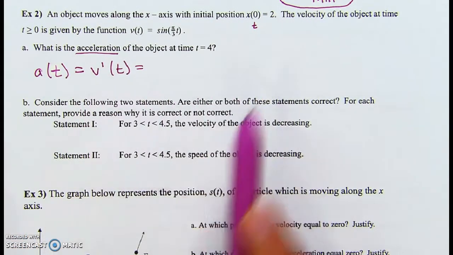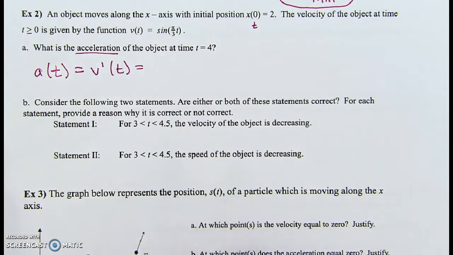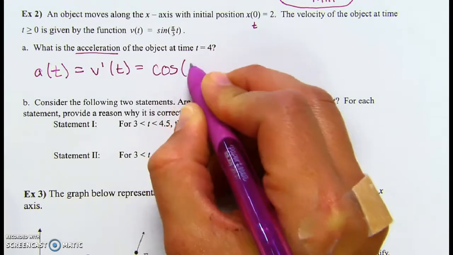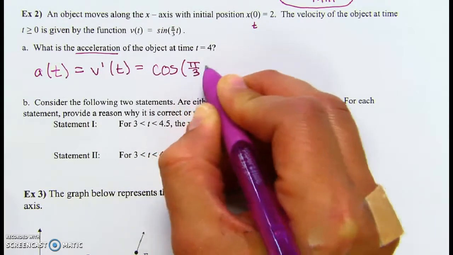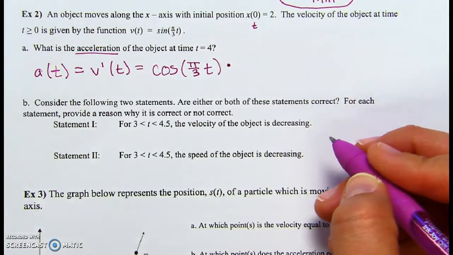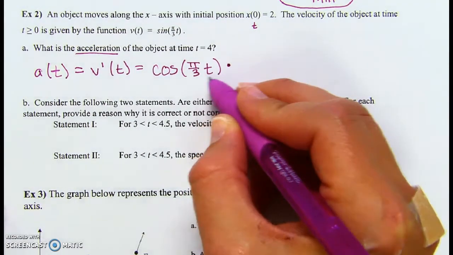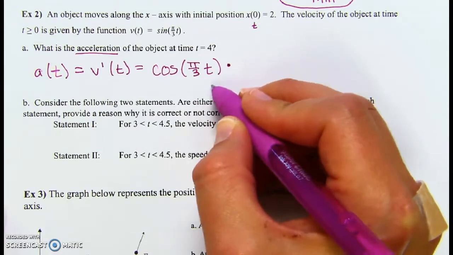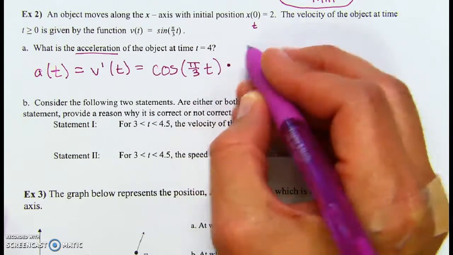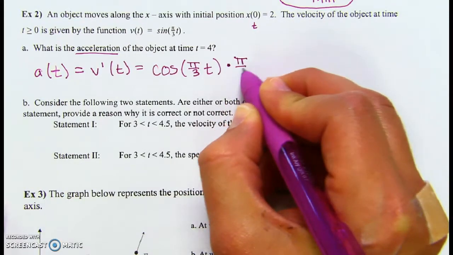I am doing this. Okay, what's the derivative of sine? Cosine. So this is a little chain rule. The inside stays the same, and we're going to multiply by the derivative of the inside. So on the inside, if we have pi over 3t, it's just like 2x would be 2. Well, this is pi over 3t, so the derivative is pi over 3.